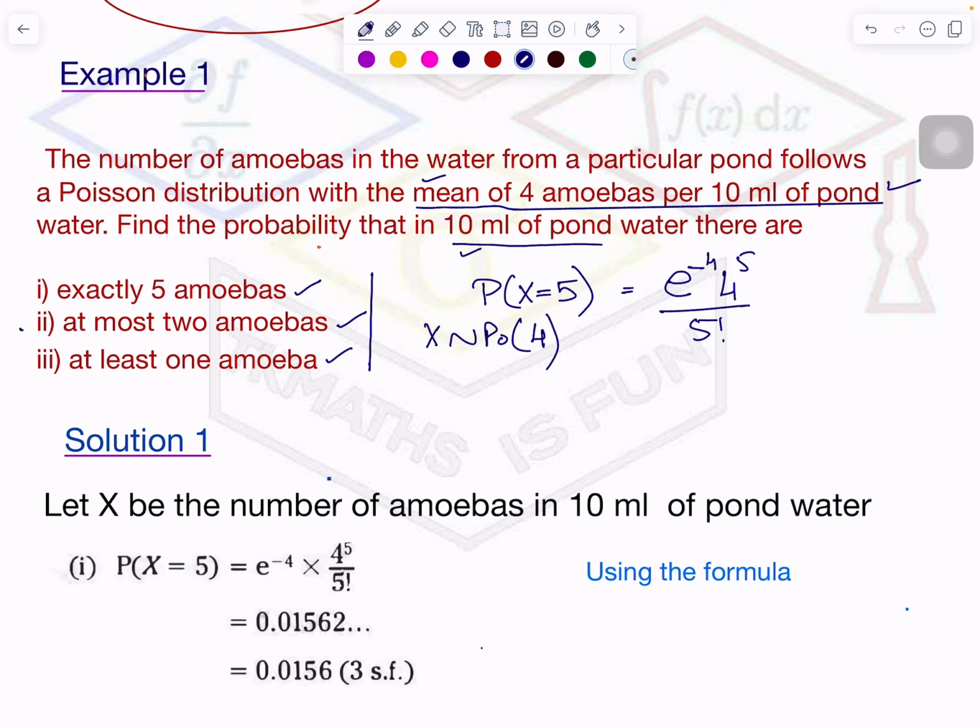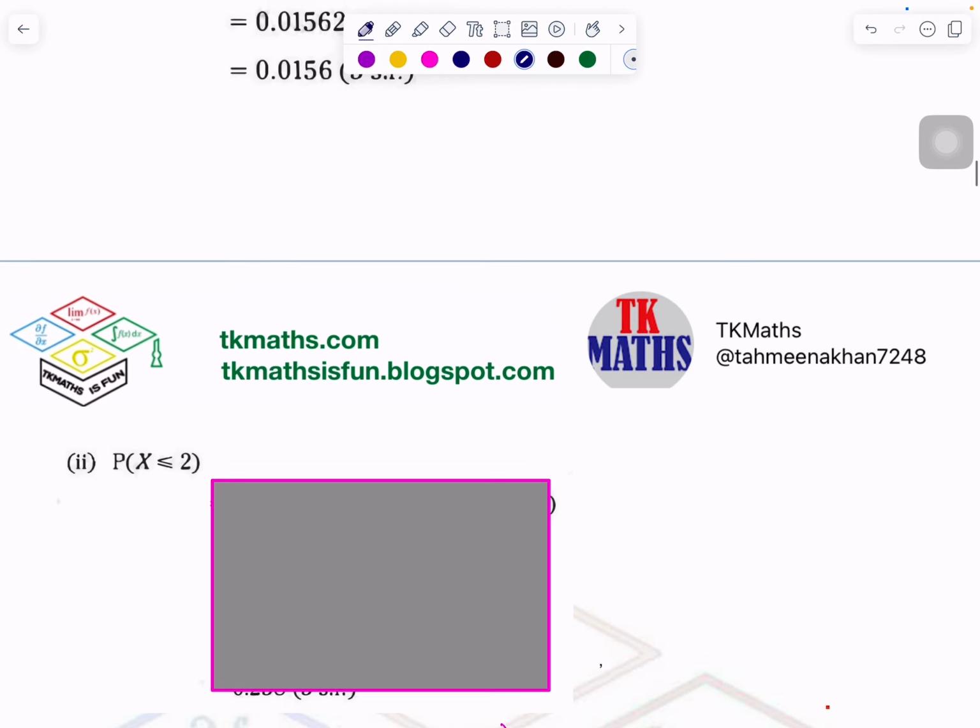When it is saying at most, what is the meaning of that? It means x is less than or equal to, right? Most means less than or equal to. So when it is less than or equal to, it means you are calculating x = 0 plus x = 1 and 2, right? Let's see here.